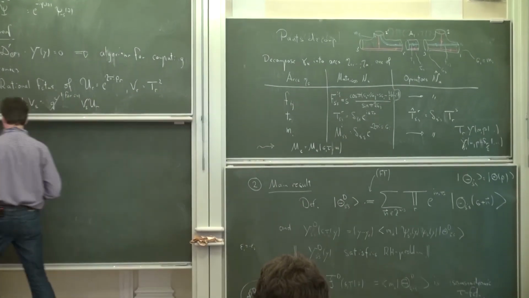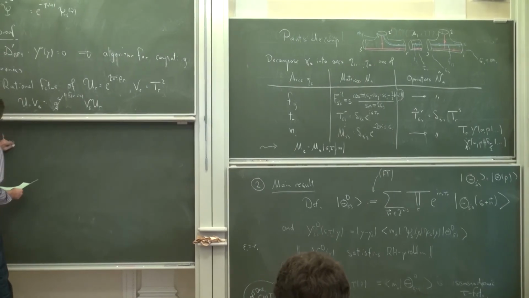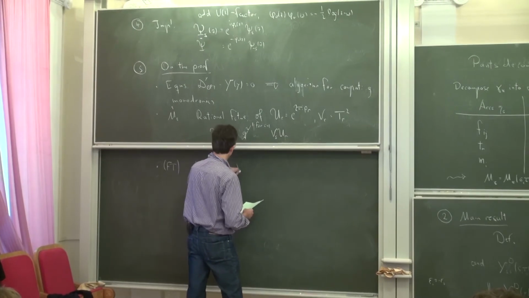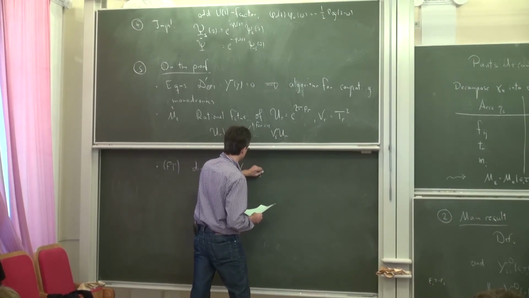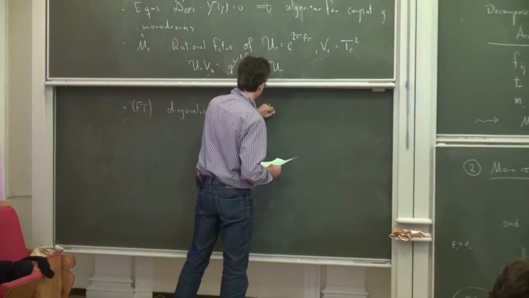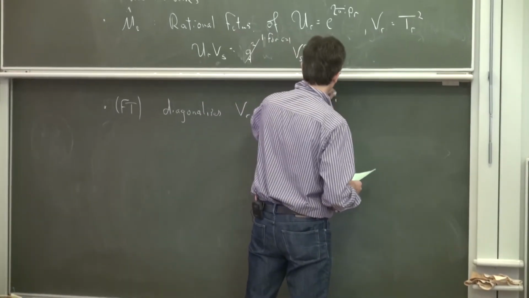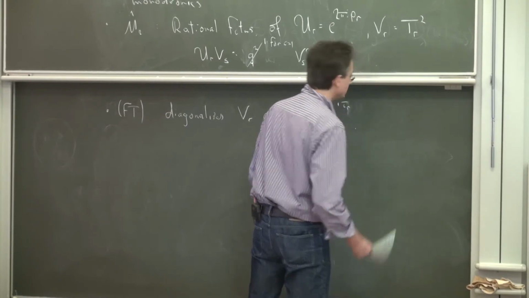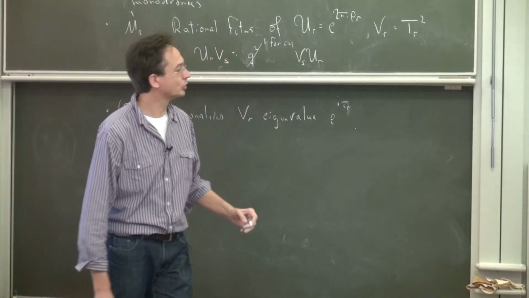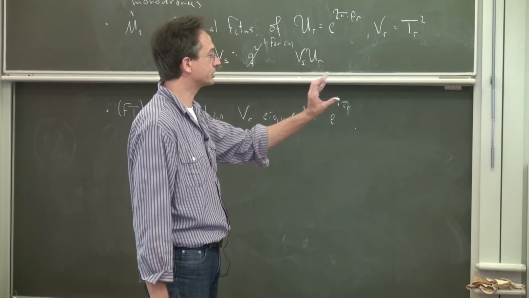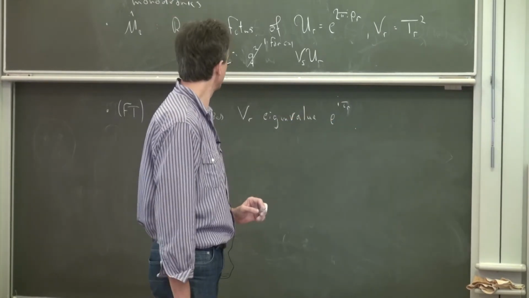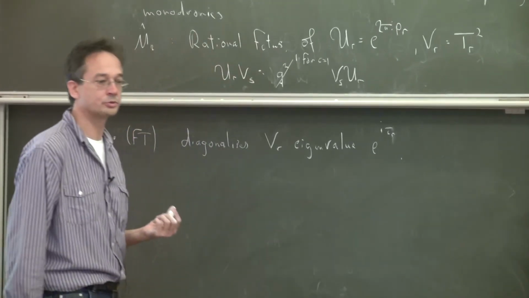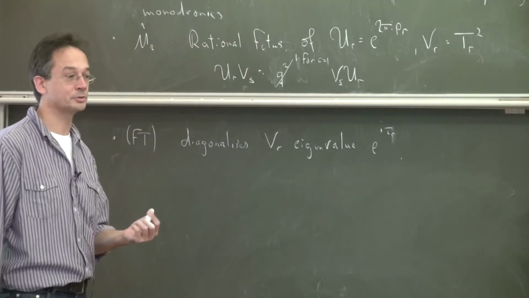What it does is it diagonalizes V_r with the eigenvalue e to the i tau_r, and therefore it produces the passage from these quantum objects, these operators containing shifts, to something classical, which are really the classical monodromy matrices we wanted to have. Okay, I shall stop. That's it. Thanks.